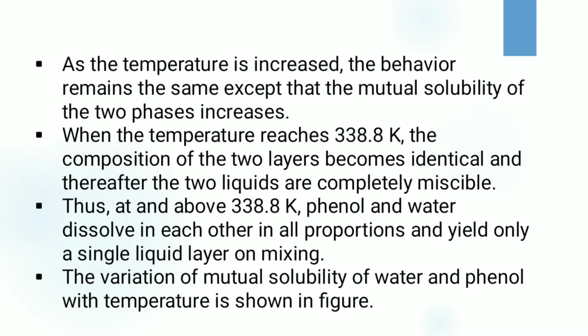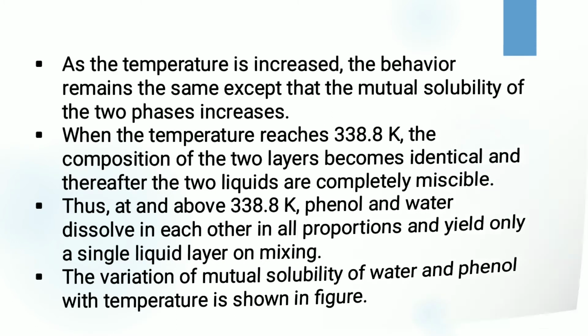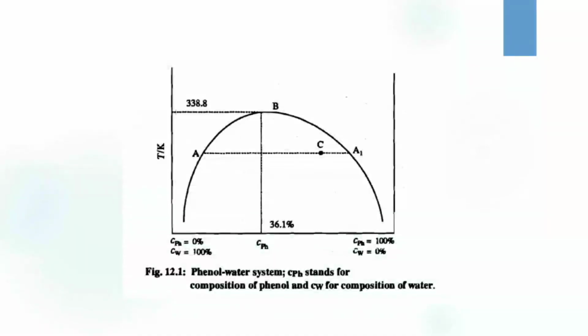The variation of mutual solubility of water and phenol with temperature is shown in the diagram. So you can see here B in this diagram is nothing but your CST, whereas CPH stands for composition of phenol and CW for composition of water.